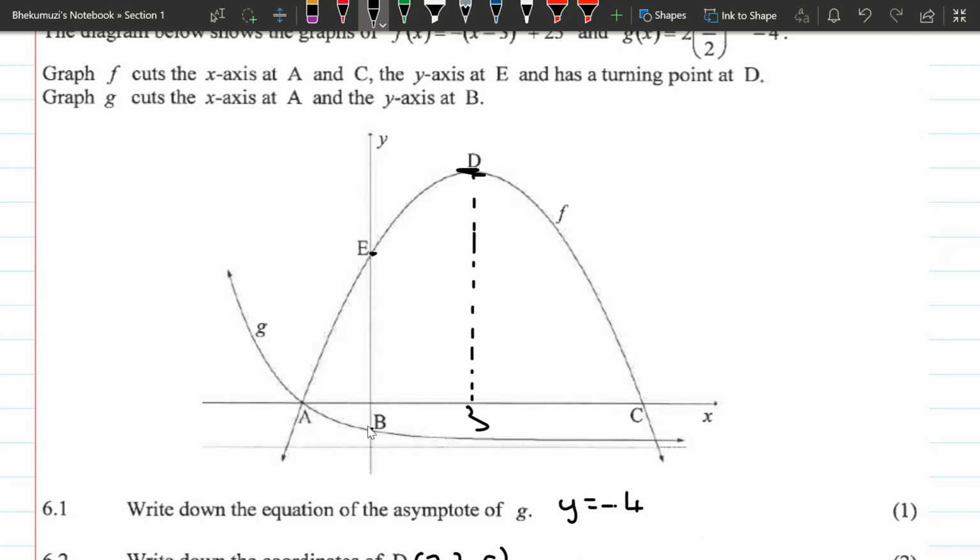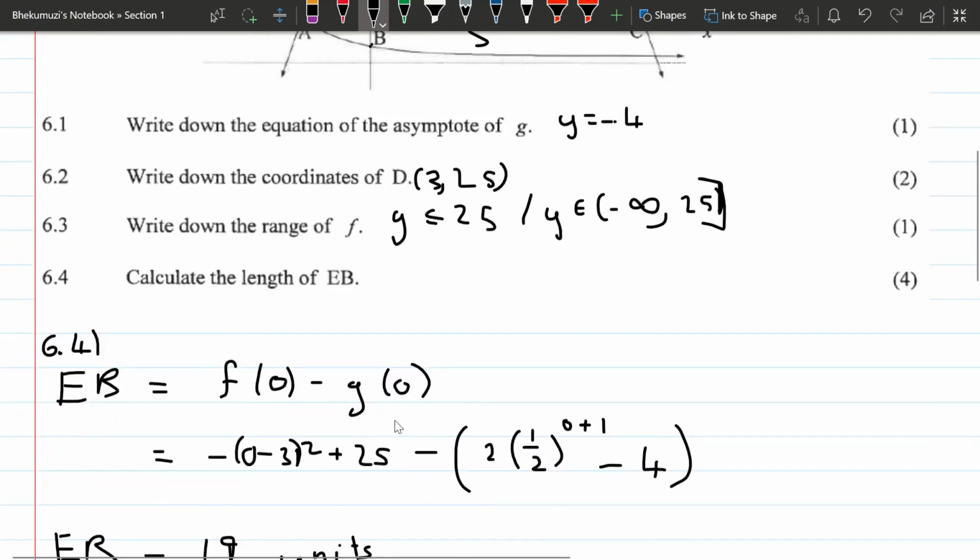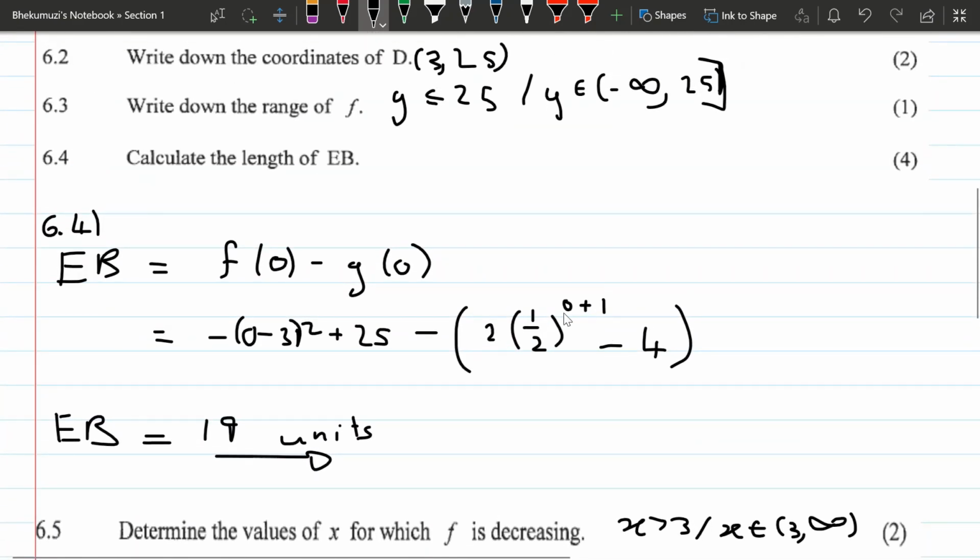Now point A is what exactly? It's actually the x-intercept of g of x. And then point B is actually the y-intercept of g. So we already have this one in a way that if we looked at this one here, where we got the y-intercept for g, if you calculate it, it would have been 2.